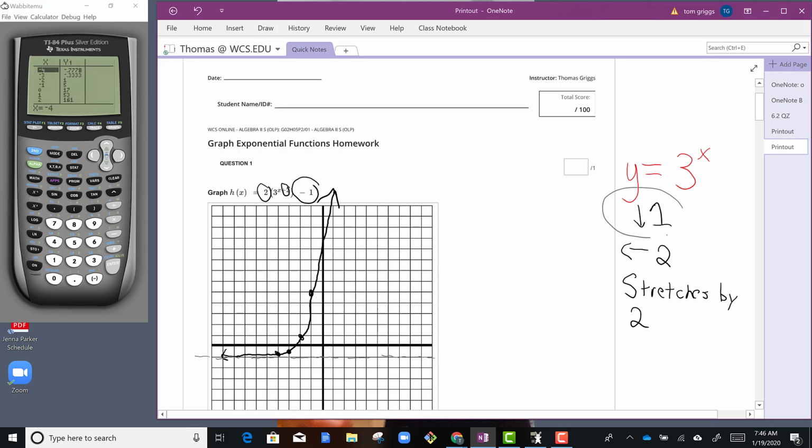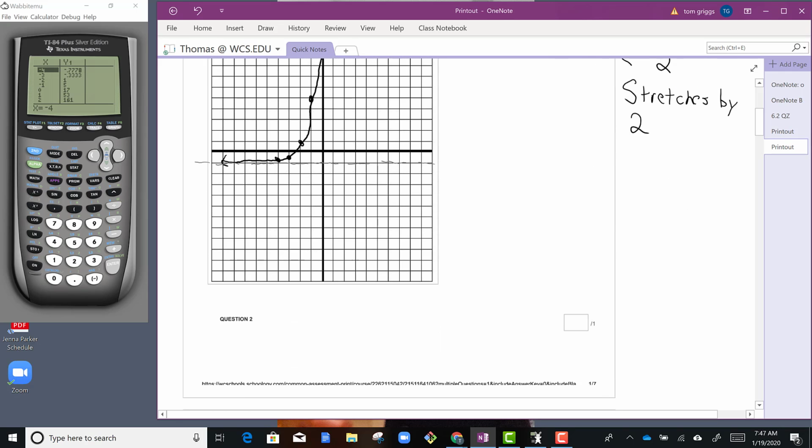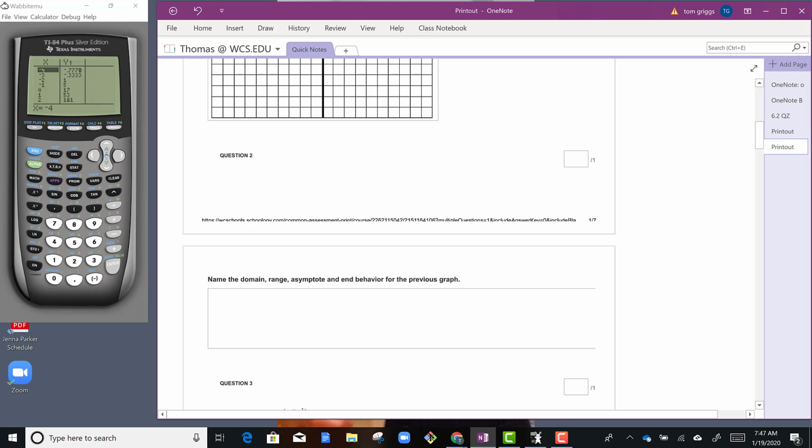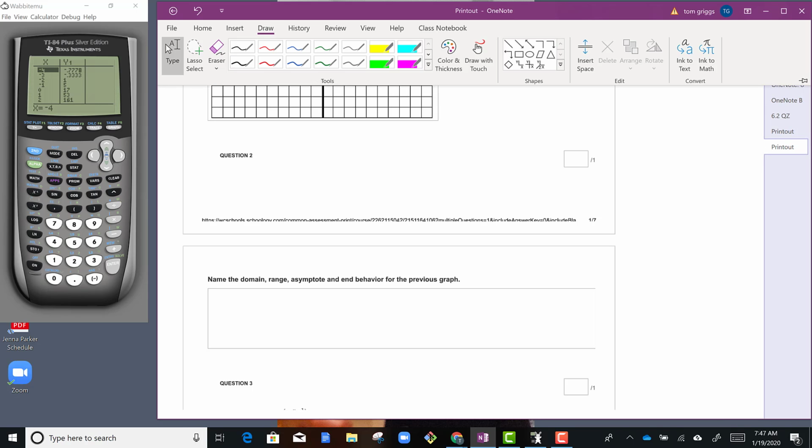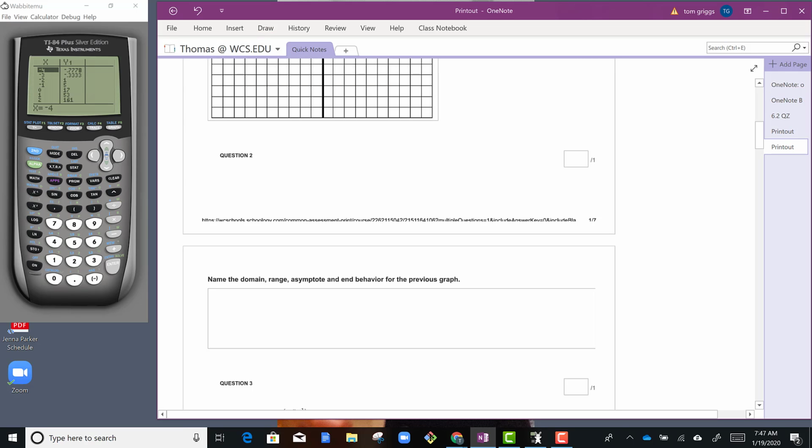And basically, this vertical shift will always tell you where your asymptote is going to be. So if we shifted up 1, your asymptote would be at y equals +1. And I think that's what this next question asks. It asks for you to determine the domain, range, and the asymptote.